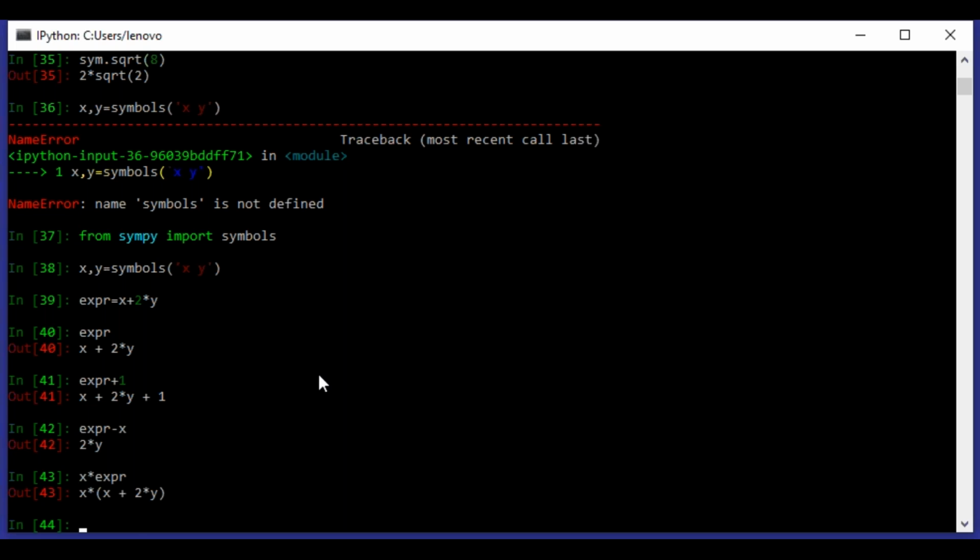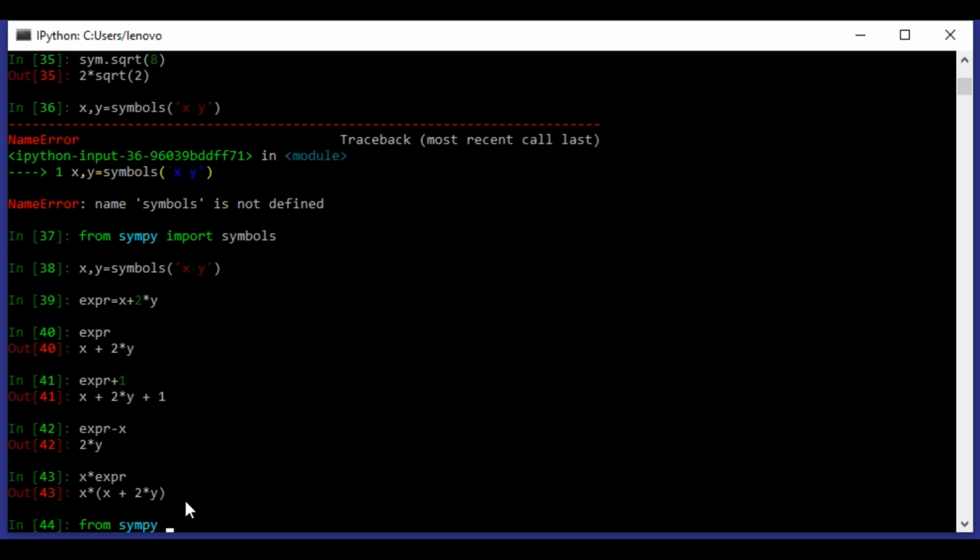Then we can make use of some functions in SymPy, to get it in expanded form. We can write x into x plus 2y as x square plus 2xy.